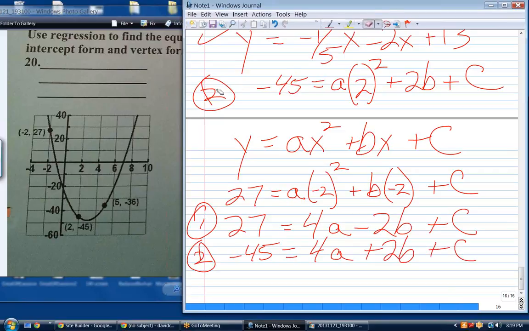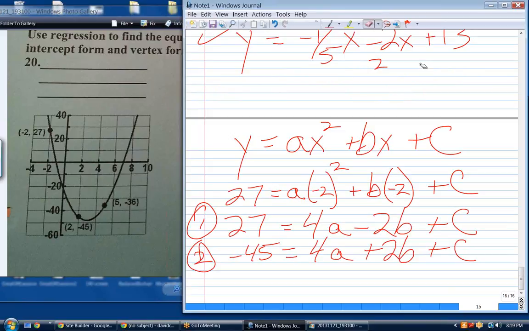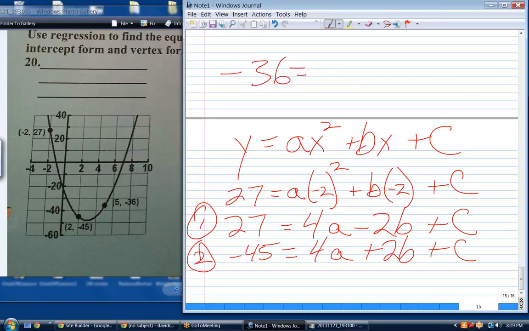And finally, we need a third equation. Negative 36 equals a, in parentheses, 5 squared, plus 5b plus c. So there's our third equation.